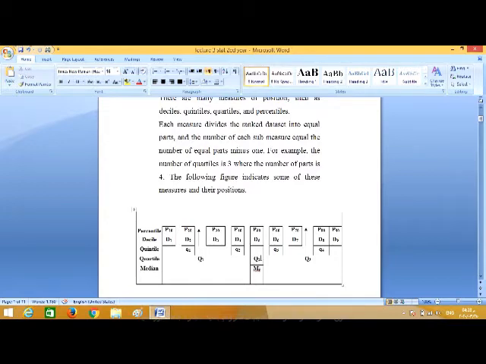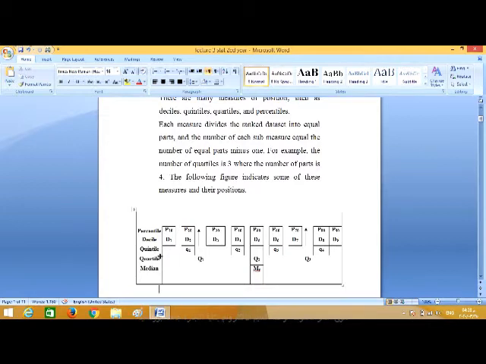Okay, so we can say that the median represents the second quartile also. So we have 50% less than Q2 or the second quartile, and also 50% larger than Q2. And the third quartile divides the data set into 2 parts, where 75% is smaller than Q3 and 25% is larger than Q3. Right? Okay.